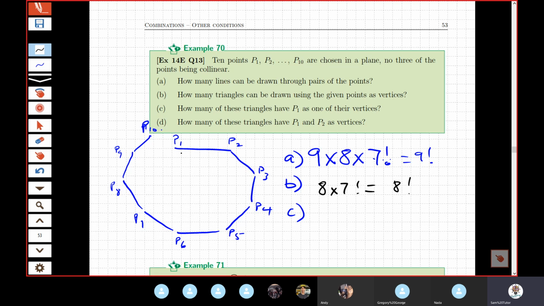From P1, P1 goes to P3. That's 1. Then 2, 3, 4. So we said 8. But I'm only doing P1 to P3 like that. But I'm missing this one here. Hold on. I'm missing P3, P5, P1.